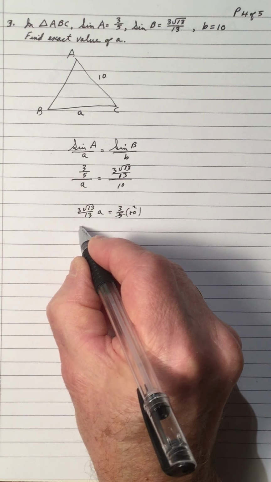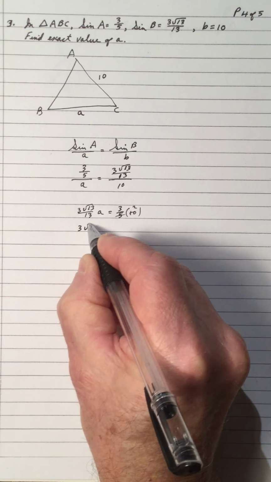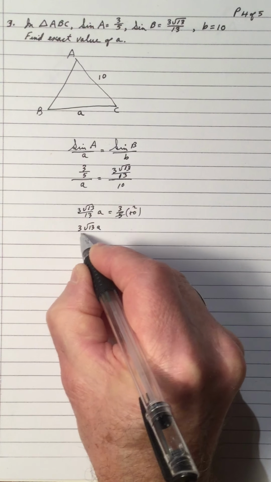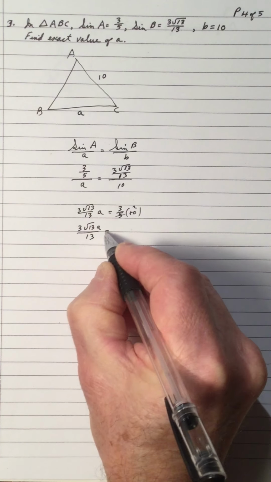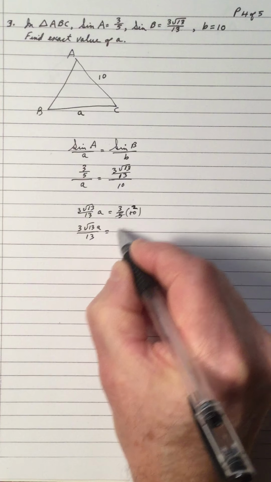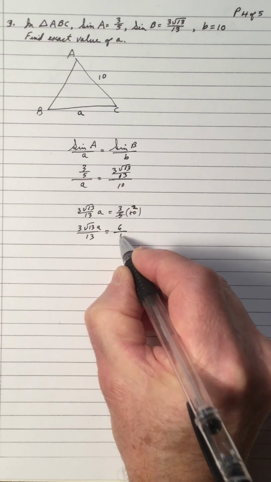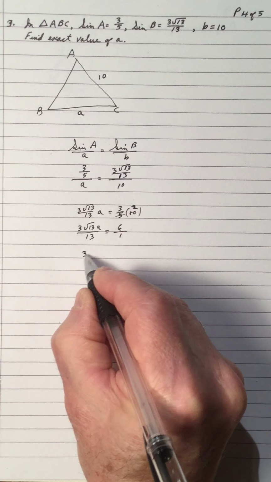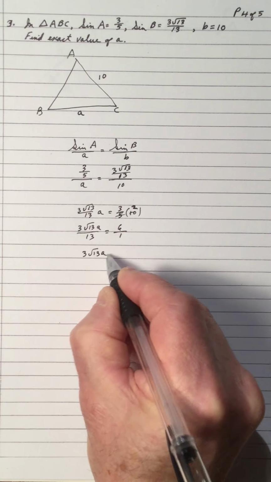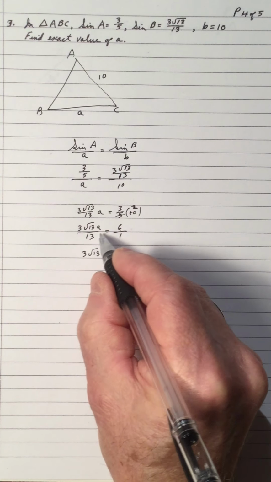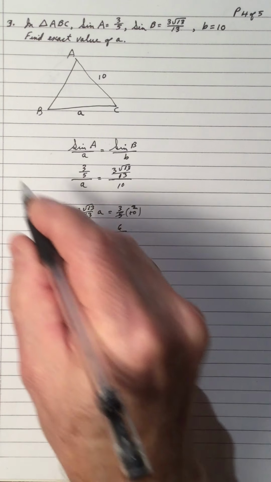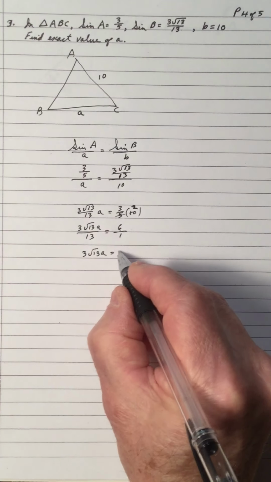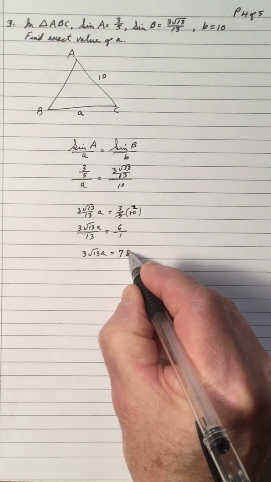So I have 3 root 13a over 13 equals 6. That's 6 over 1. Cross multiply. 1 times 3 root 13a and 13 times 6. 13 times 6 is 78.